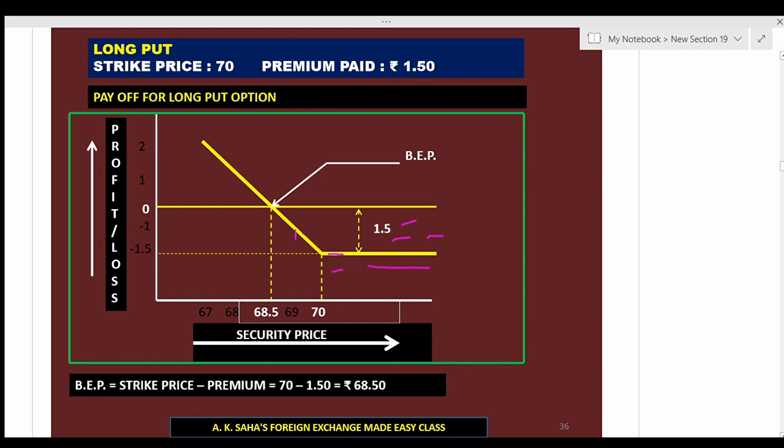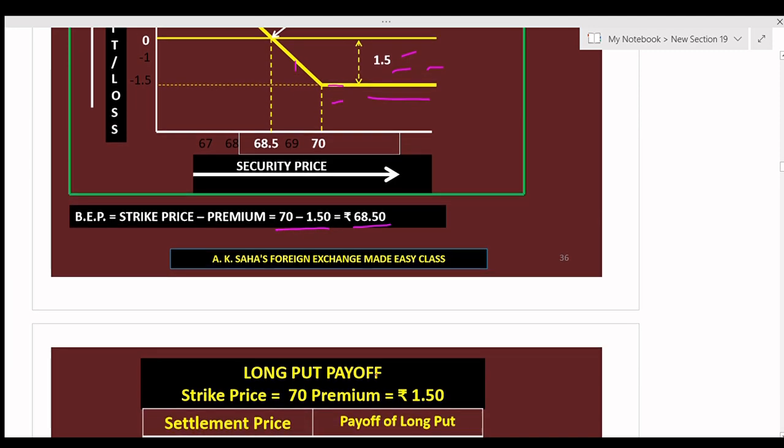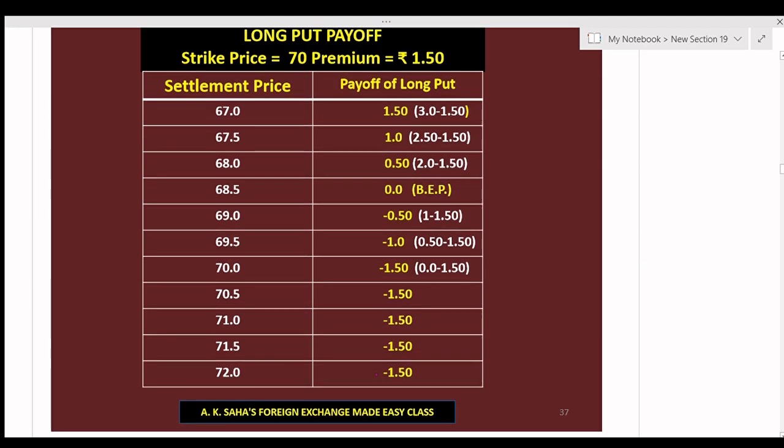The break-even point is 70 minus 1.5, that is 68.50, whereas in long call it is 70 plus 1.5, and in long put it is 70 minus 1.5, because if the spot price decreases, then they will gain. The payoff is tabulated in the next table.